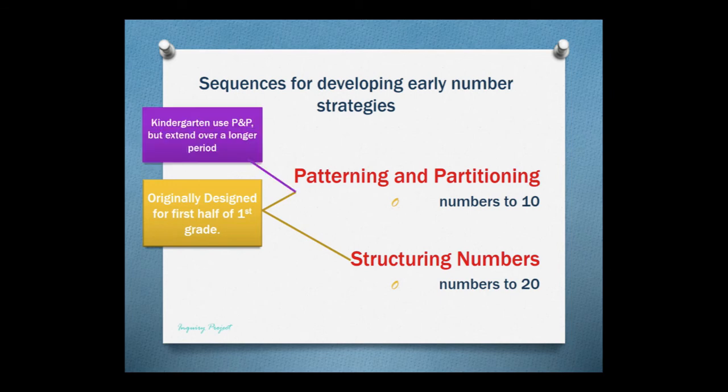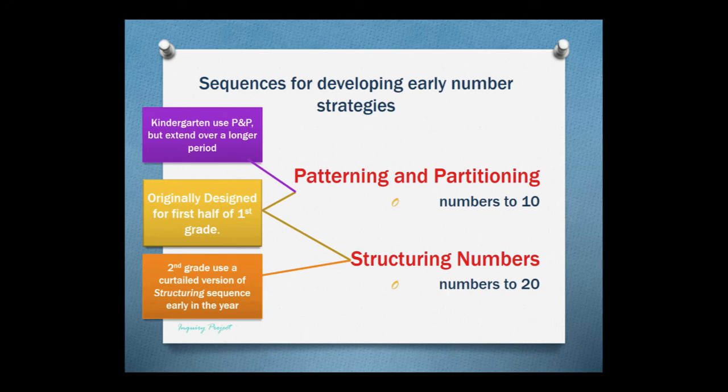Kindergarten teachers make use of the patterning and partitioning sequence, but they extend it over a longer period of time. And second grade teachers often find it useful to work with the structuring numbers sequence in a curtailed fashion during the early weeks of the second grade year. As we've already mentioned, in subsequent videos, we will describe in detail the instructional activities that comprise these two sequences.